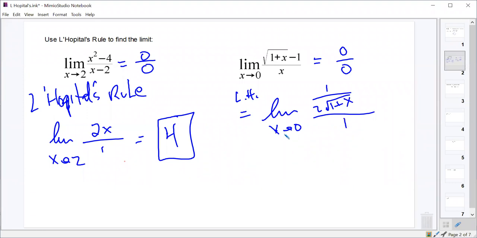We'll plug in our 0, and what do we get now? 1 over 2. Everybody good with that? Cool.